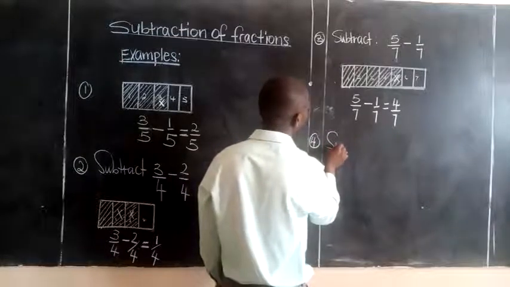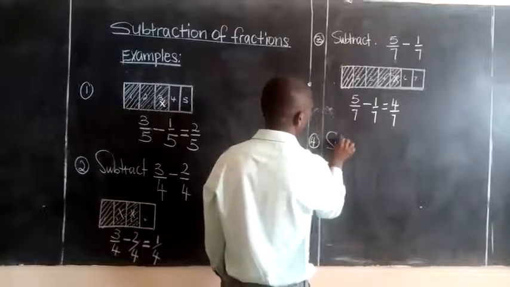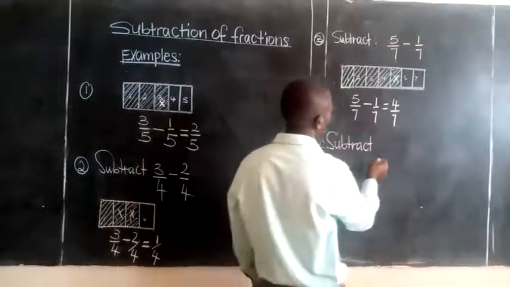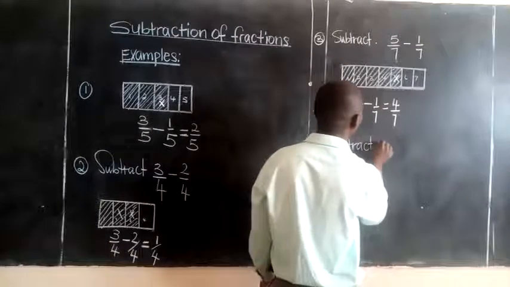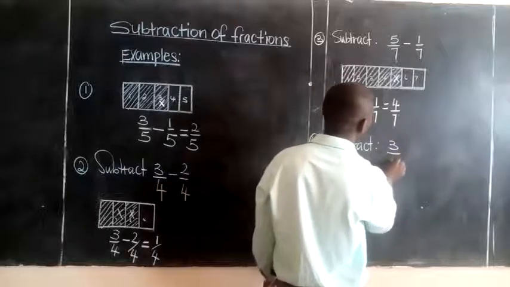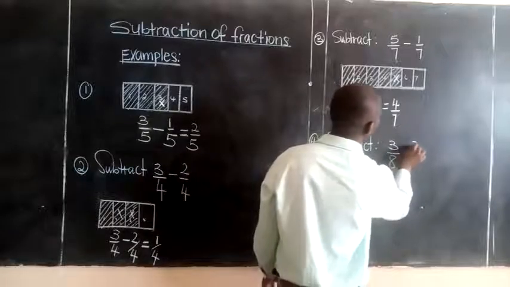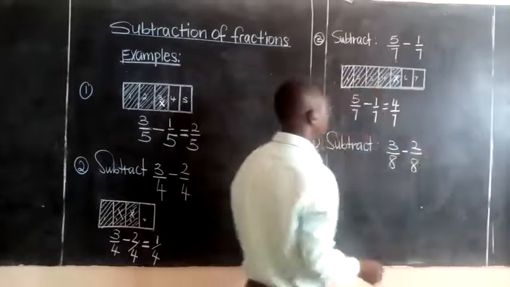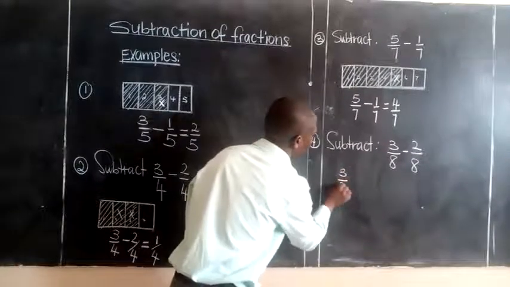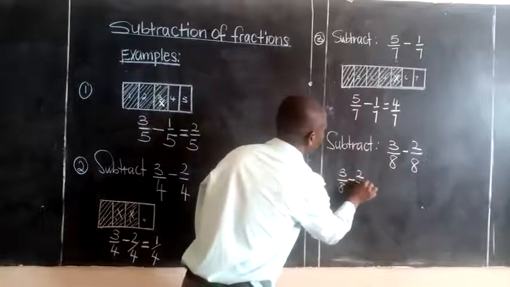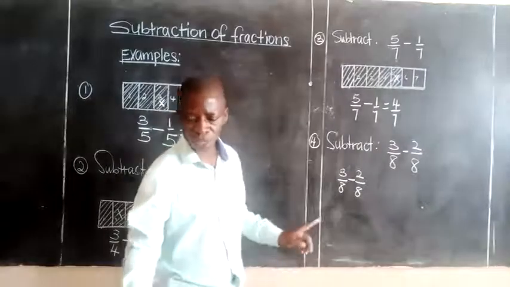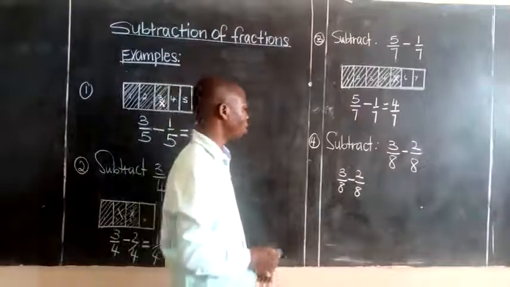Subtract 3/8 take away 2/8. So what do we do? Now, how do we get rid of that?